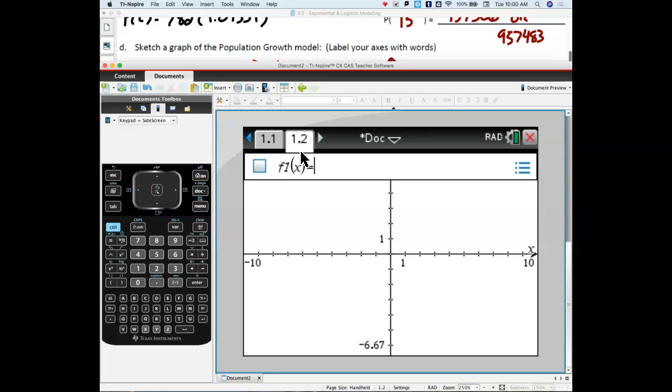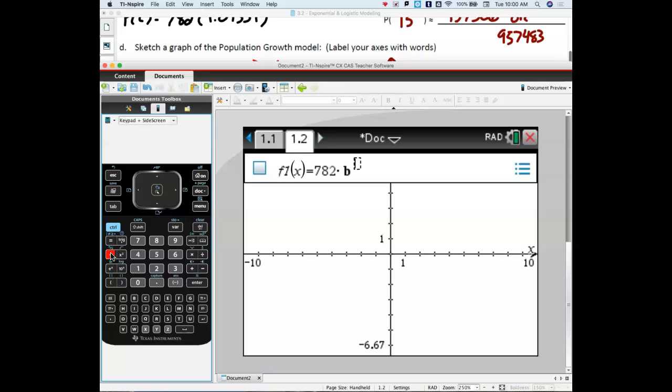The equation, the function, the 782 one? That one? Instead of t? Why?